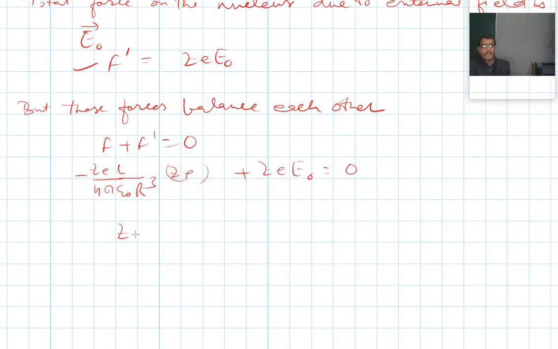So that means Ze E naught is equal to, this will become positive, Ze r over 4 pi epsilon naught R cube into Ze. This Ze will cancel out.